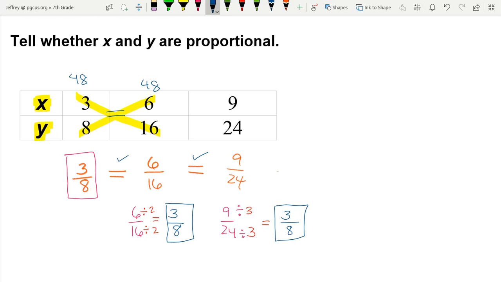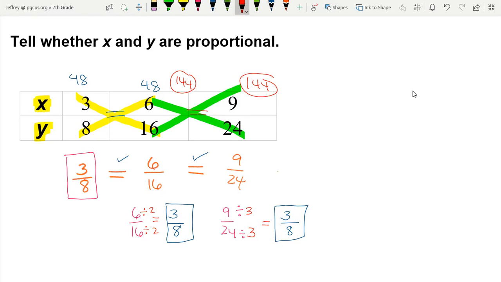Now let's compare the third column. If we do the third column, that means it's going to be another set, right? So it's going to be 6 times 24. What is 6 times 24? That should give us 144. So let's do 16 times 9, and that should also give us 144.